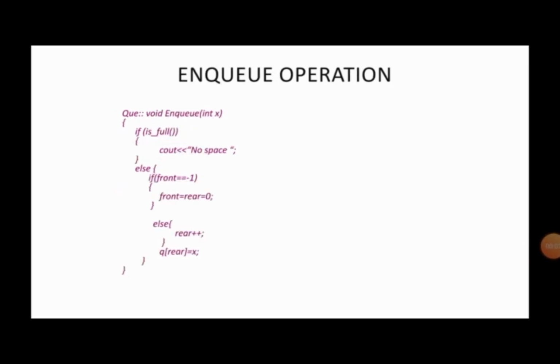Now moving to the core operations of queue, which are enqueue and dequeue. To understand the enqueue operation, just recall the example of a bus station or a line of customers. Consider a real life example of enqueue.